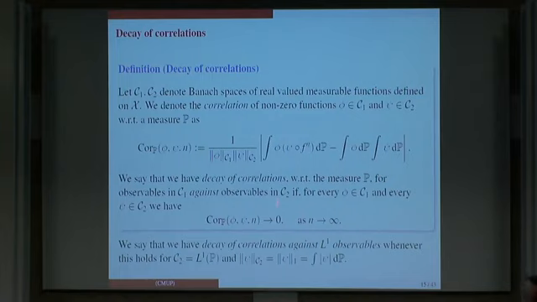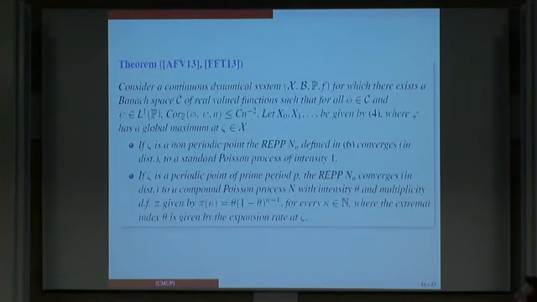Okay? So our basic assumption is that we are going to ask the system to have decay of correlations against L1, but the decay of correlations is summable. I've put there n minus 2 so that you get the idea, but in fact we only need that this thing is summable. If this thing sums and it's finite, then it's okay.